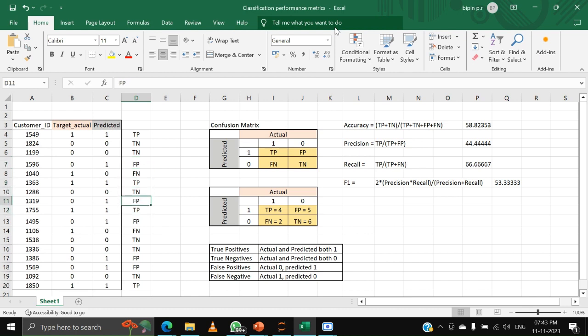Now the confusion matrix is actually a matrix having values plotted against actual and predicted output. I will enlarge this.